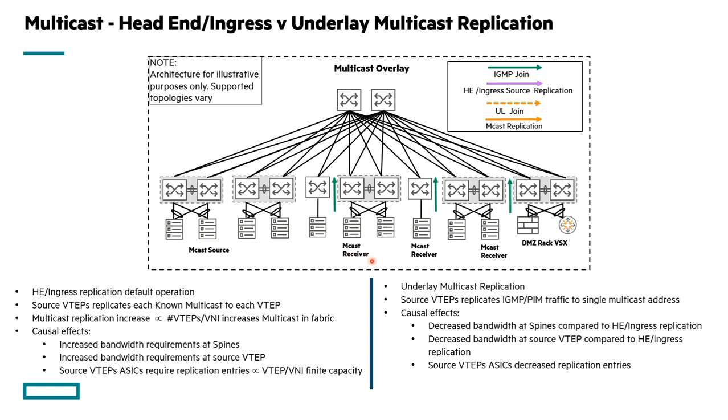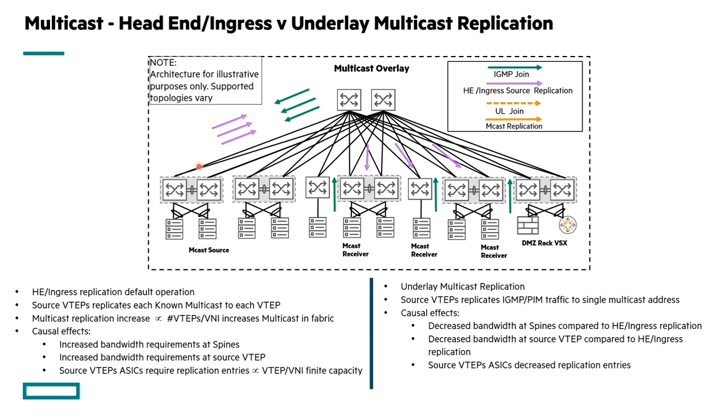The multicast receivers in this fabric, the three on the right, send an IGMP join. The IGMP joins get sent to the spines, which then push these down to the multicast source. The multicast source then replicates for each of the requesting VTEPs. Once that traffic hits the spine, it is then replicated and pushed down to each of the VTEPs.